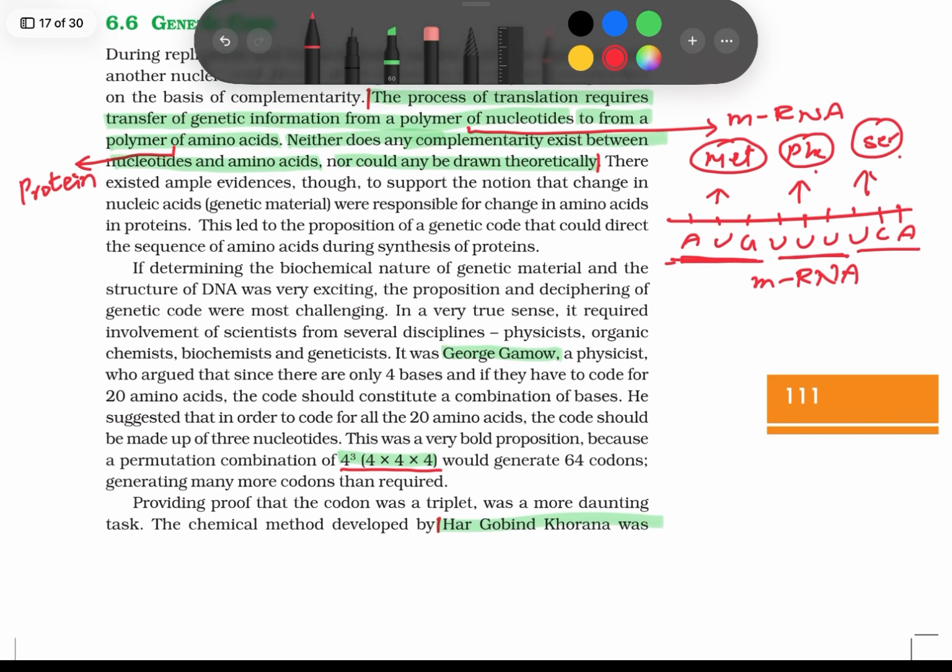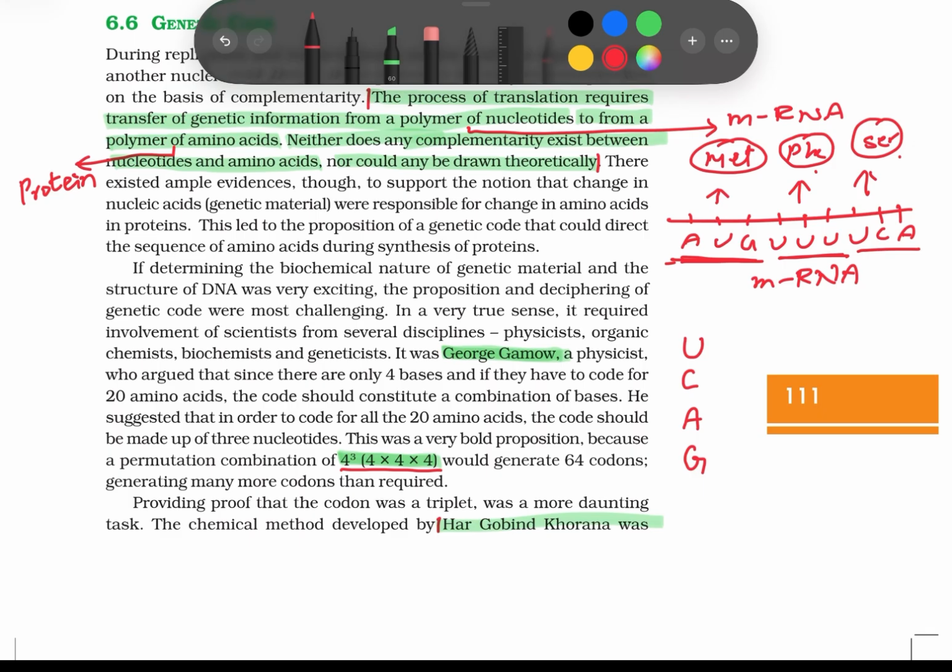Next. George Gamow proposed that genetic code is a triplet codon. You know there are 4 types of nucleotides in RNA: uridylic acid, cytidylic acid, adenylic acid, guanylic acid. So these 4 types of nucleotides, 4 cube.